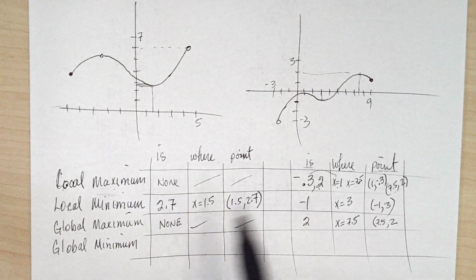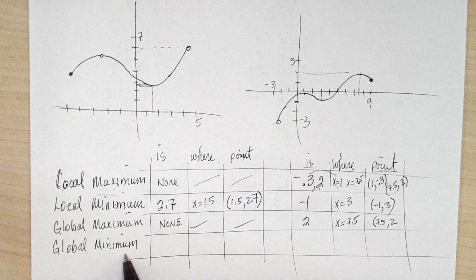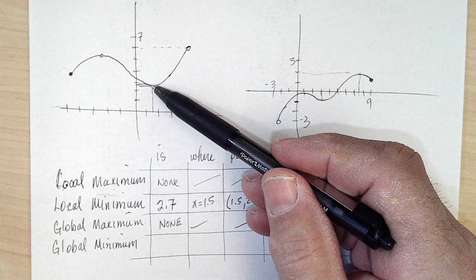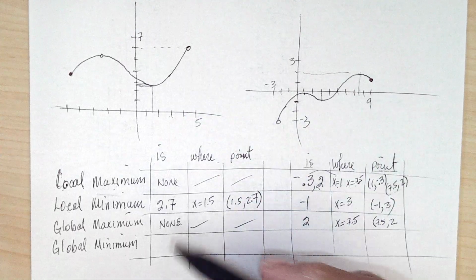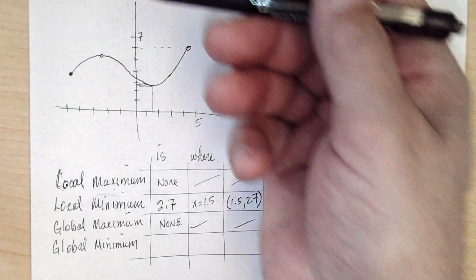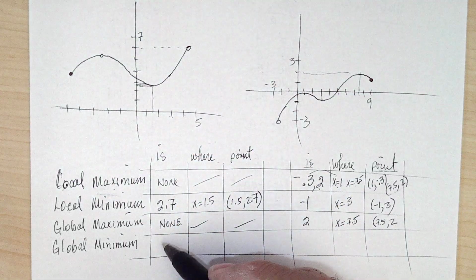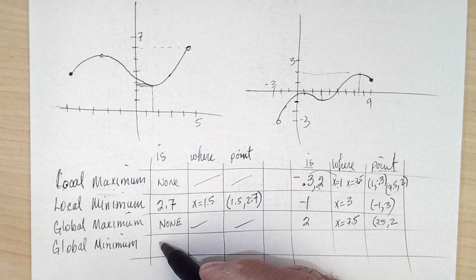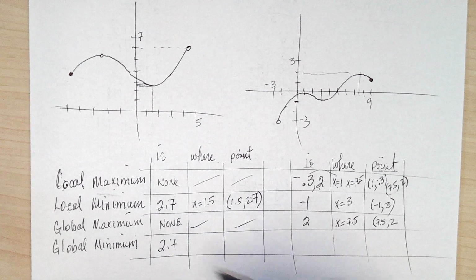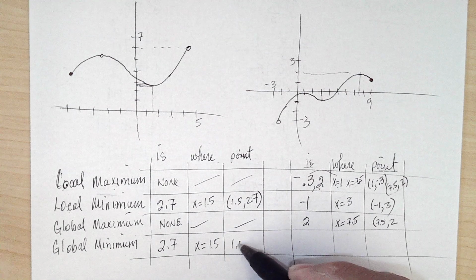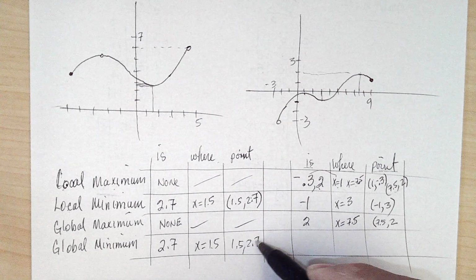Now, let's look for global mins. Well, this is pretty low, but this is lower, and so we have a global min. The lowest place on the whole graph is about 2.7. It happens at x equals 1.5, so 1.5, 2.7.